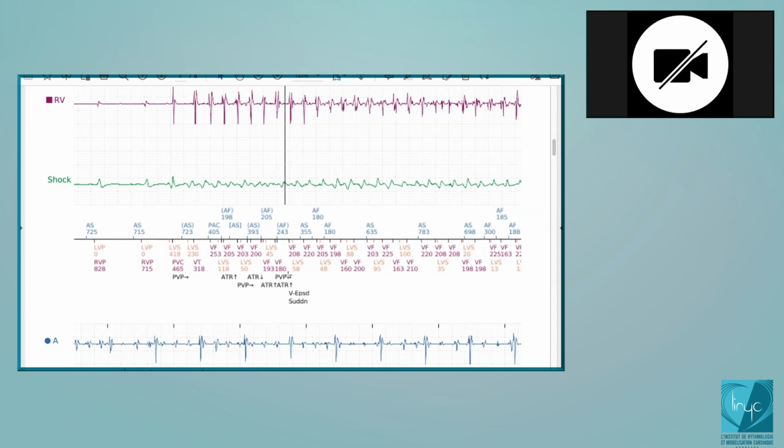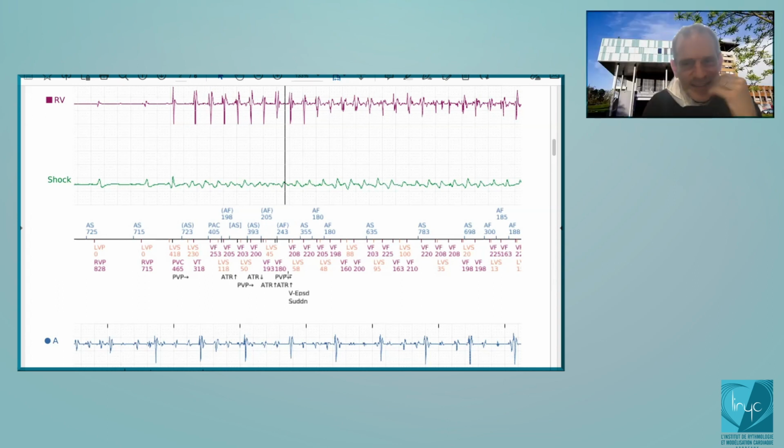So then for the VT zone? Yes. What you need to understand, and that's the main parameter to understand in Boston ICDs, is that a VT marker, like here, will increment the VT counter. But the VF marker will also increment the VT counter.